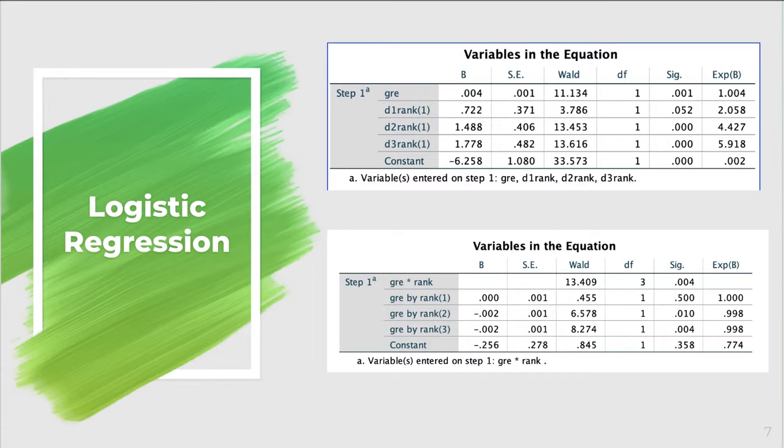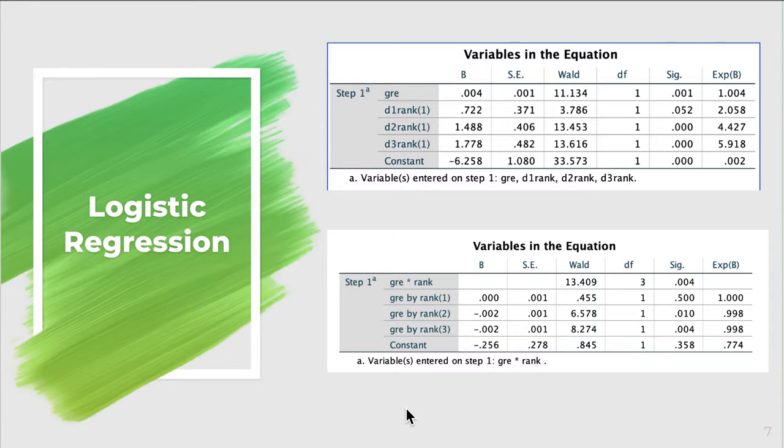Next, if we take a look at our interaction between our GRE and rank variables, in our second figure here, we can see that GRE by rank 2 produces non-statistically significant results. This is due to lower rank being connected to a lower admissions rate.